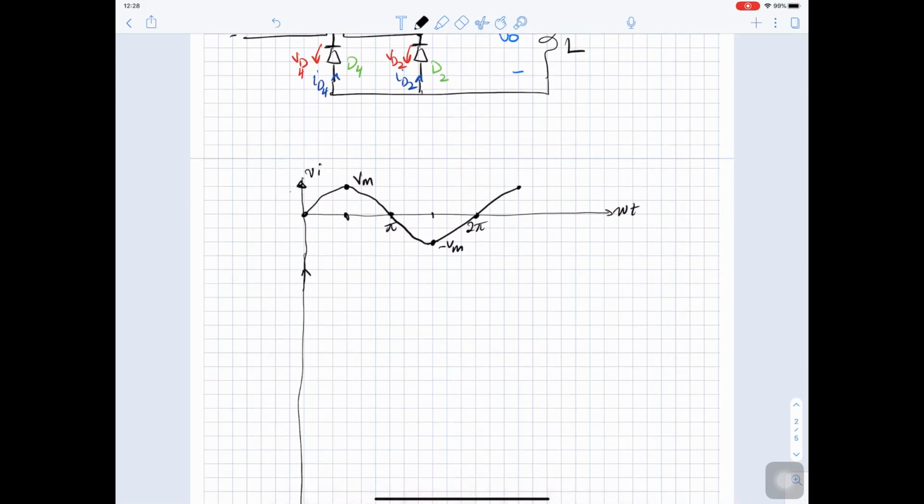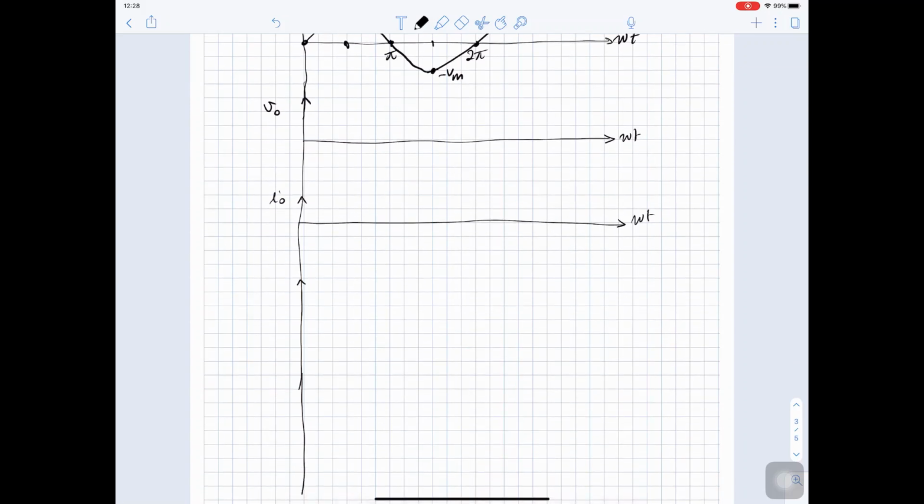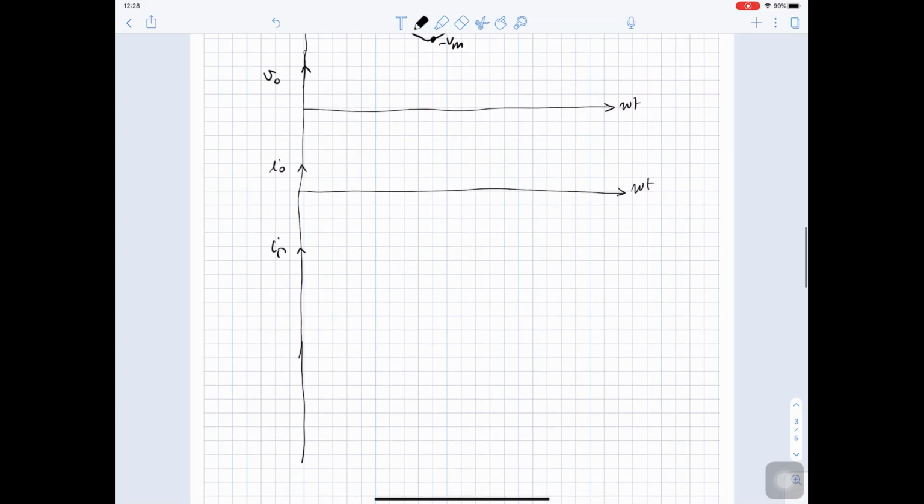Now we need to sketch V out, omega t. We need to sketch I out, omega t. We need to sketch any diode current or voltage. So let's sketch, say, I diode 3.